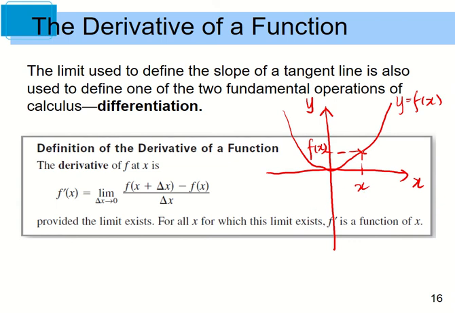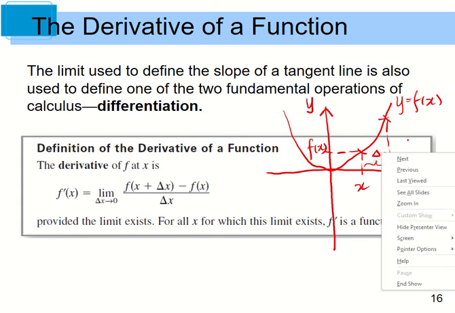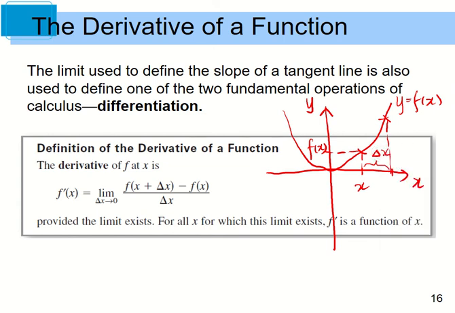Now, let's say we take another point here, and the difference here we call the difference of x. I hope you remember this symbol; it is the difference of x.